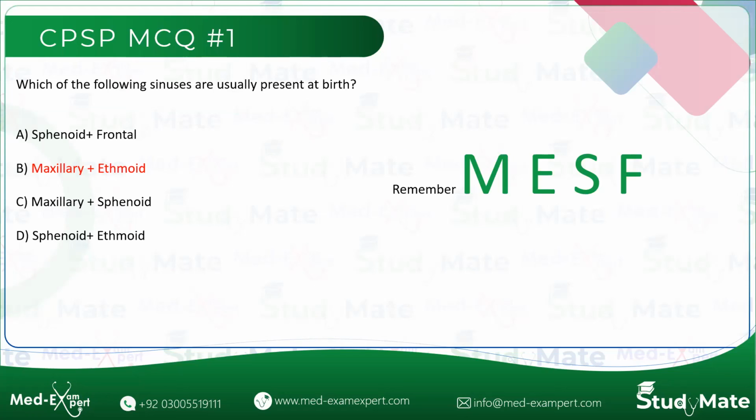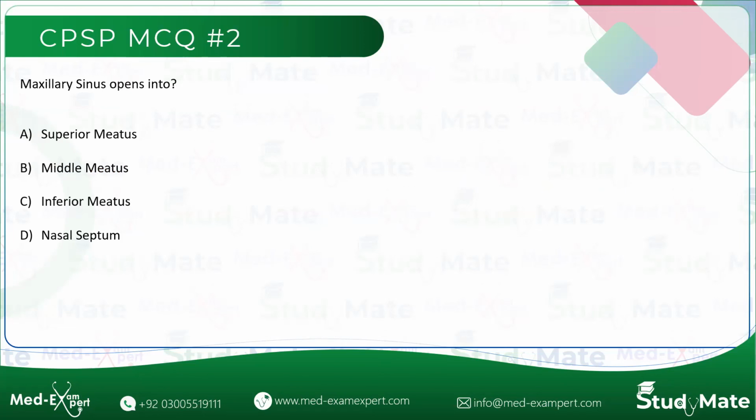So you remember, messy fan, the first two letters are present at birth and the last two letters are absent at birth. So maxillary and ethmoid sinuses are present at birth. Second MCQ is maxillary sinus opens into A superior meatus, B middle meatus, C inferior meatus, and D is nasal septum.